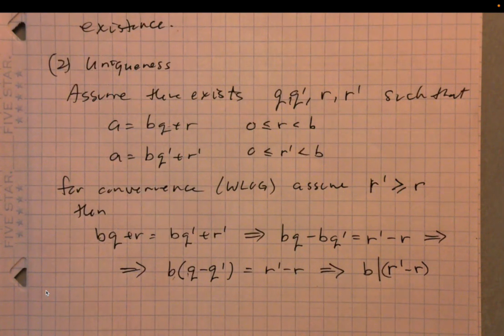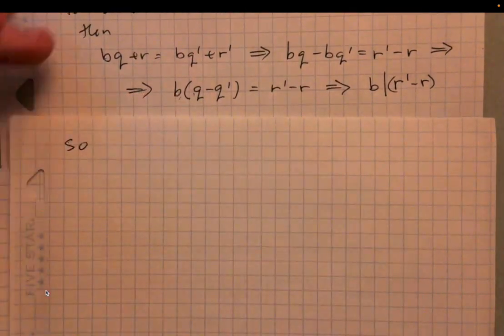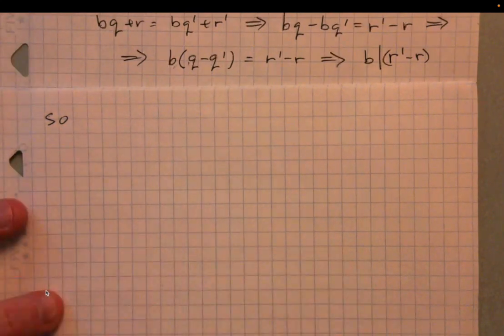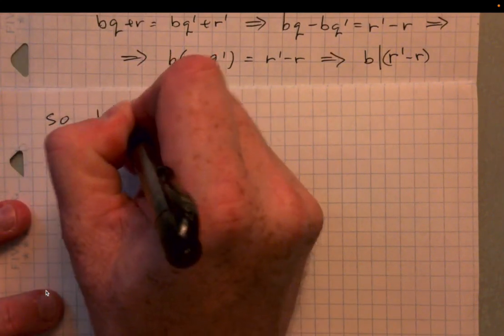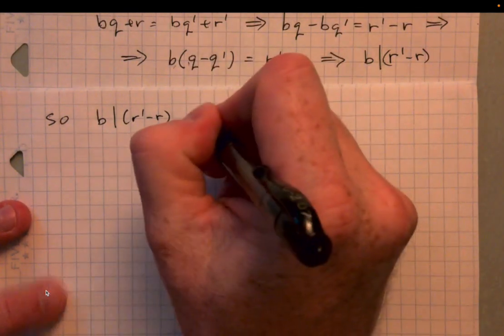Okay, and so what do I have here? So let me grab another page here. So what I can say here is that b divides r prime minus r.